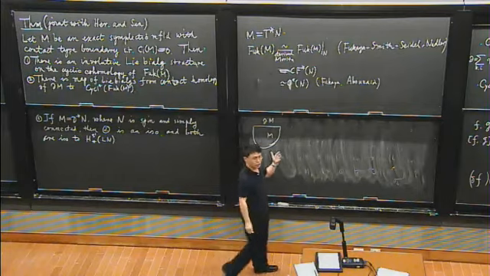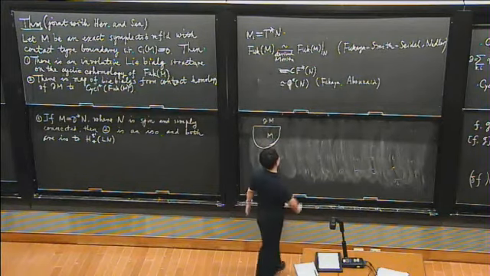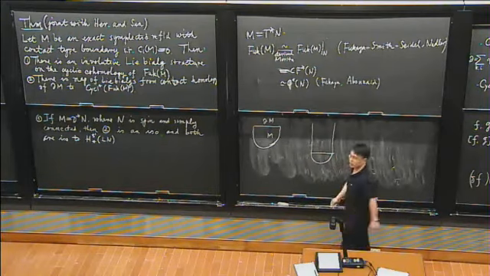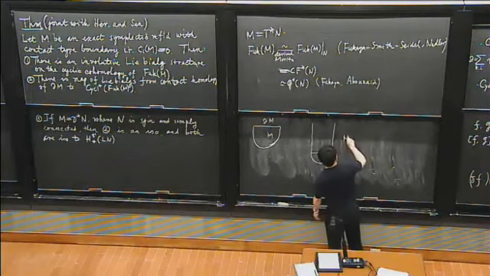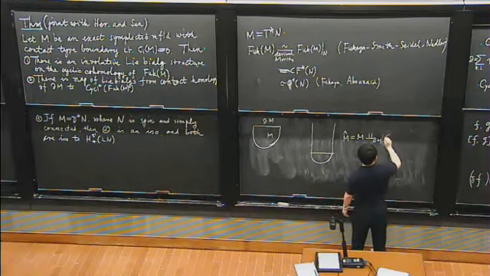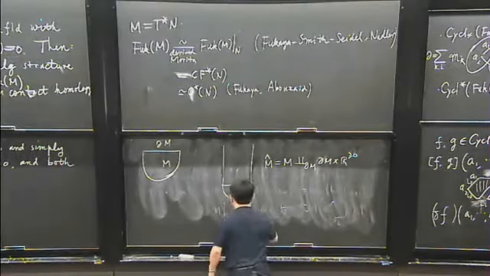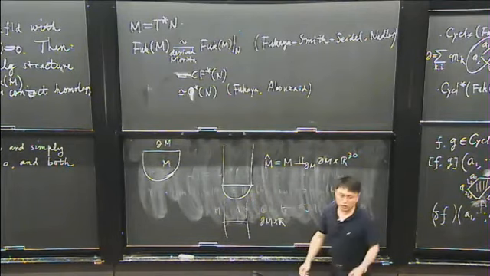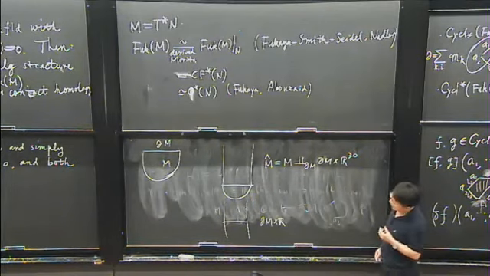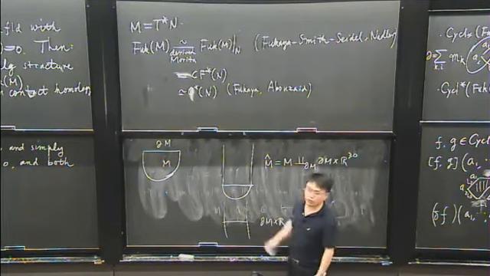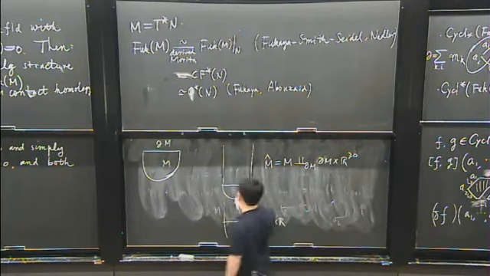We have two symplectic manifolds associated to this one, which is the symplectic completion, and another one, which is just the boundary of M cross R. By a theorem of Hofer, the J-holomorphic curves in these two symplectic manifolds are like this.